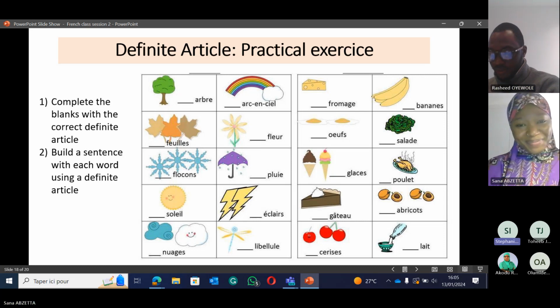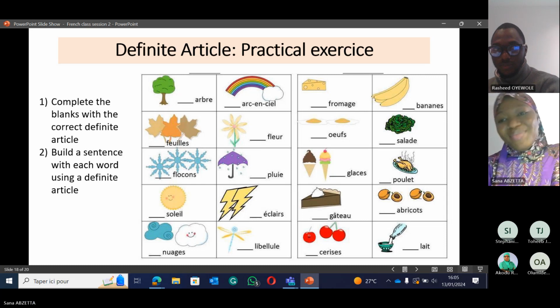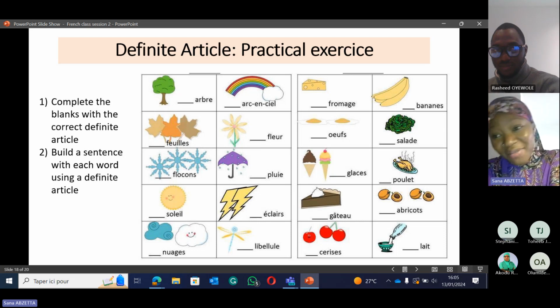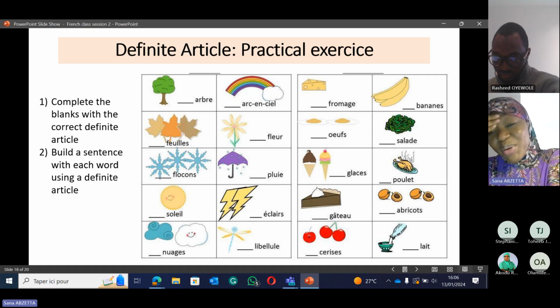Next one. La fromage. Yes, this is one of... no, it's not, it's because it's my fault, because I told you that most of the words that end with the e at the end are feminine, but there are some words that are exceptions.